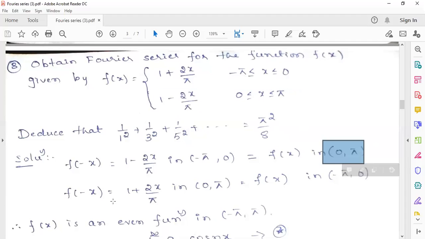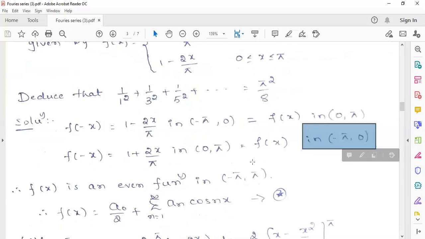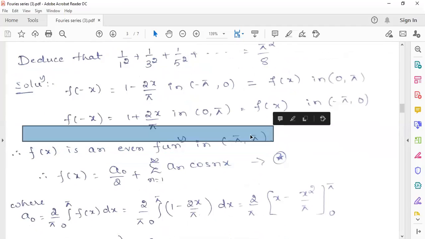And if you put x equals minus x in the interval 0 to pi, you will get 1 plus 2x by pi, which is nothing but f of x in the interval minus pi to 0. So it satisfies the even function definition. That means we can conclude that the given function is an even function in the interval minus pi to pi.